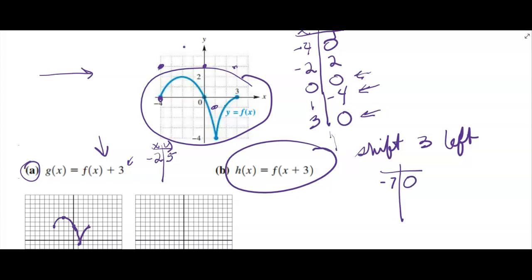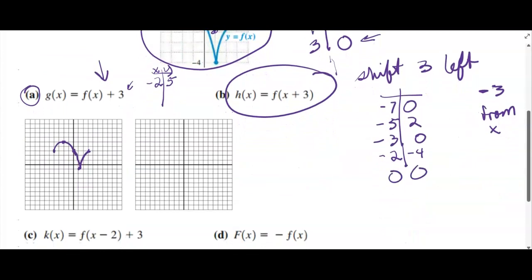And then you're going to have negative 5, 2. And then, I'm subtracting 3 from x, okay? Negative 3, 0. The output's going to be the same. Negative 2, and then negative 4, and then 0, 0.